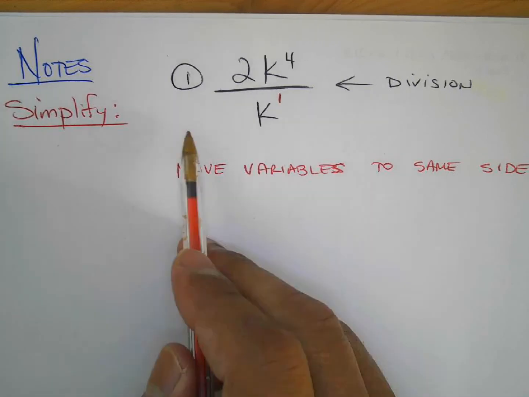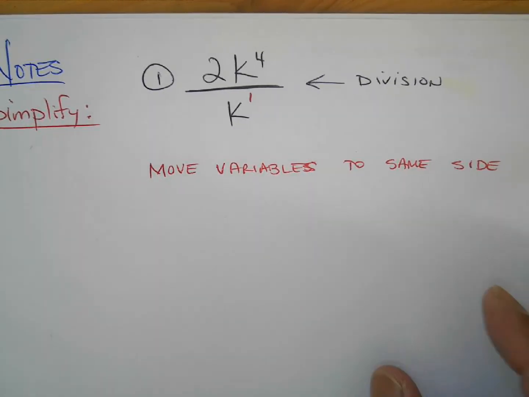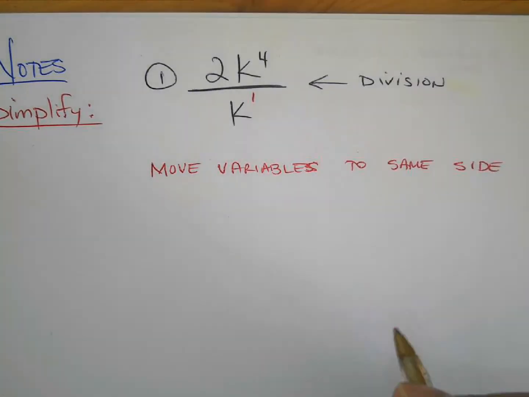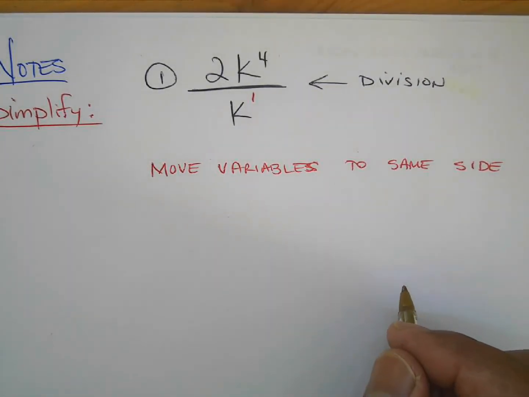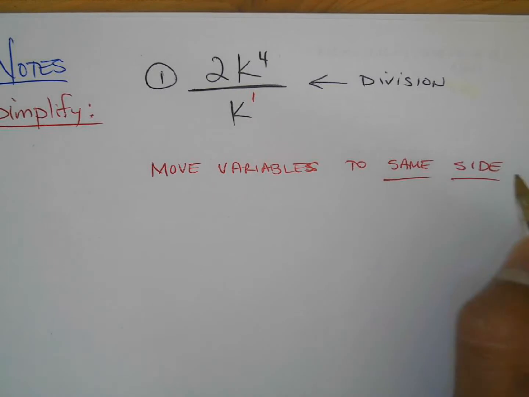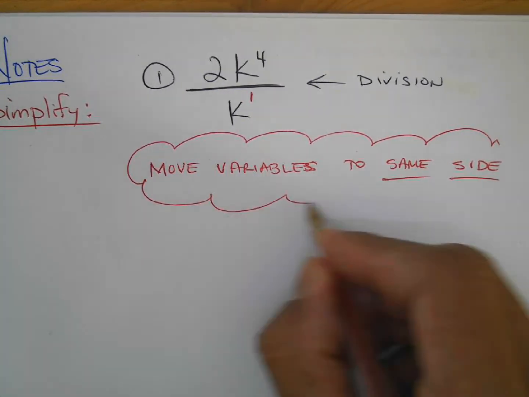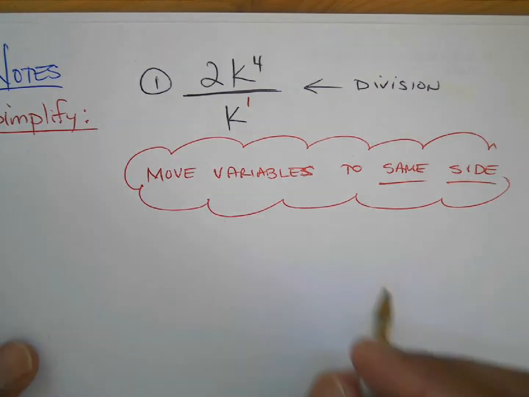Now we don't have a left and a right side. We have a top and a bottom. We're either going to move them both to the top or we're going to move both to the bottom. Okay, we're going to move it to the same side.